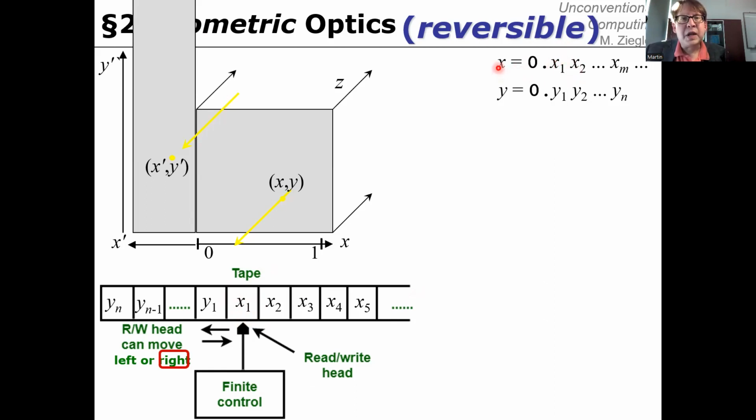Of course, larger than 1/2 means that the binary expansion starts with 0.1, and smaller than 1/2 means that the binary expansion starts with 0.0.